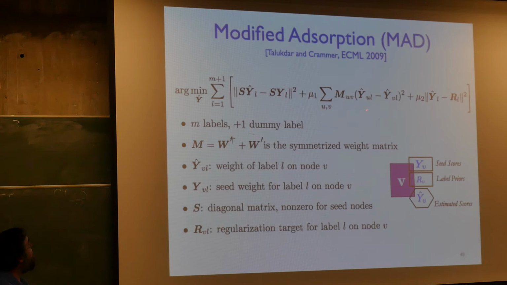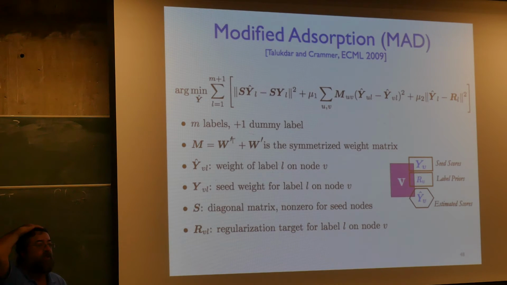Another cool thing that Partha added was this notion of a dummy label. There's some fixed number of classes that you have, but there's also something called a dummy label. Essentially, the dummy label is given with a small weight to everything in the graph. So it propagates everywhere, and it is a signal as to how far you are from any of the seeds.